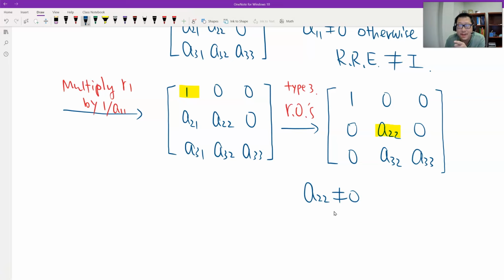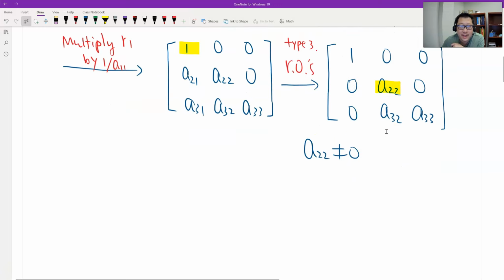The same as before: otherwise the second row would be all 0, so the reduced row echelon form is not the identity, right? Again, if this is not 0, I can make this a 1, which is a leading 1. I can do this first type of row operation. Let me put it here.